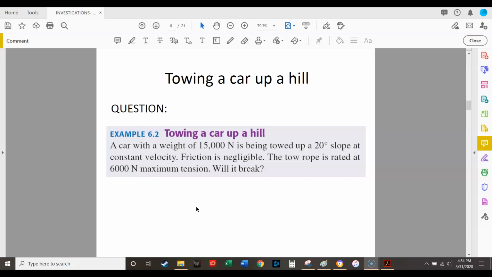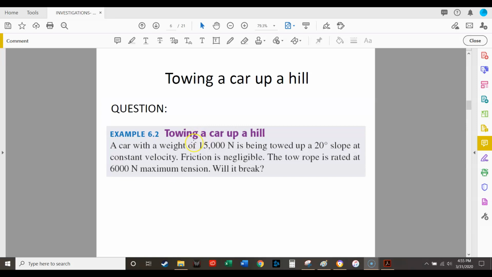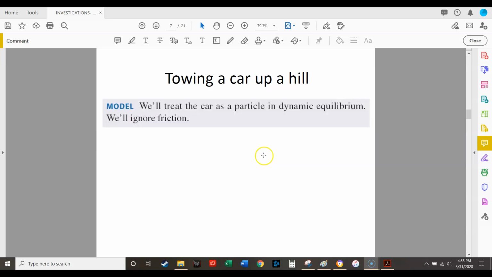They said if it reaches or exceeds 6,000 newtons, it will break. Okay? So here's the problem. So we're going to be towing a car uphill. Since it's rolling, we're not going to really worry about friction in this case.